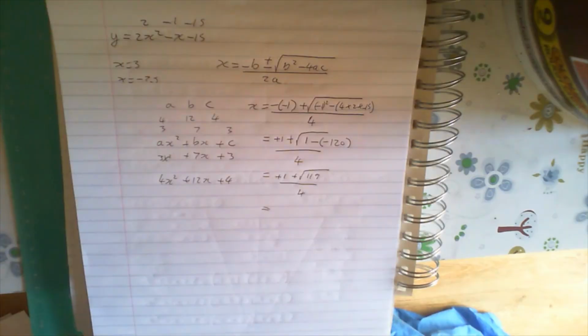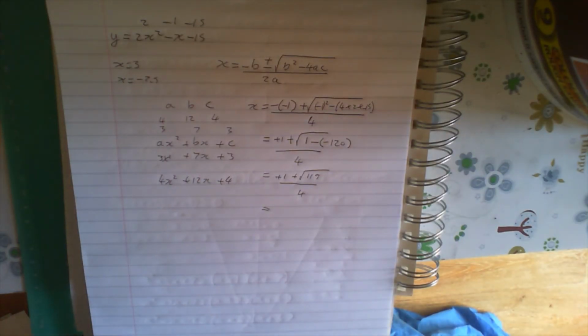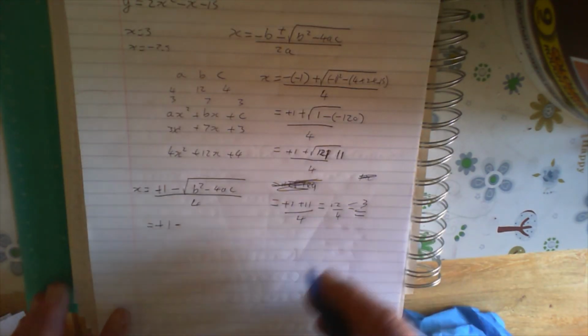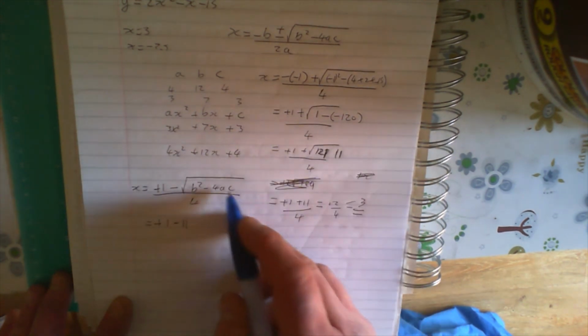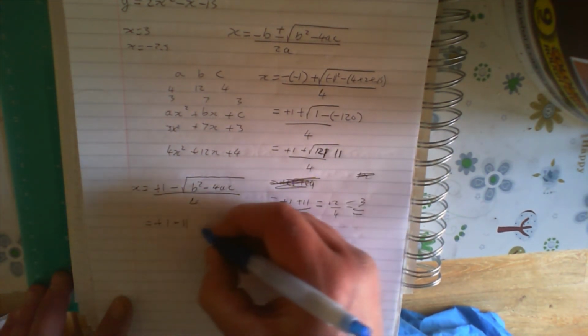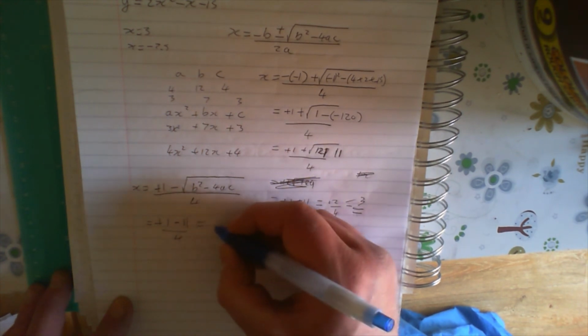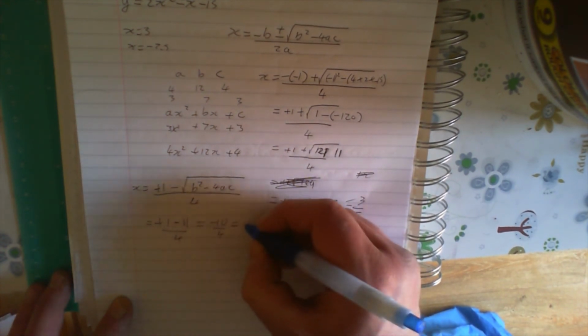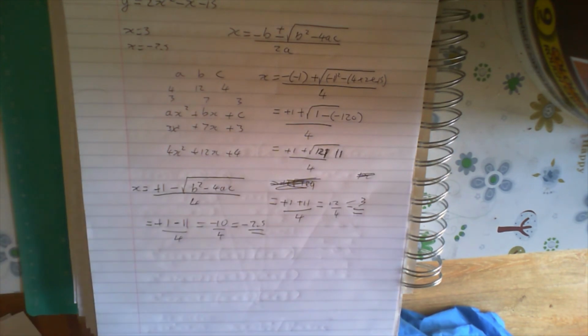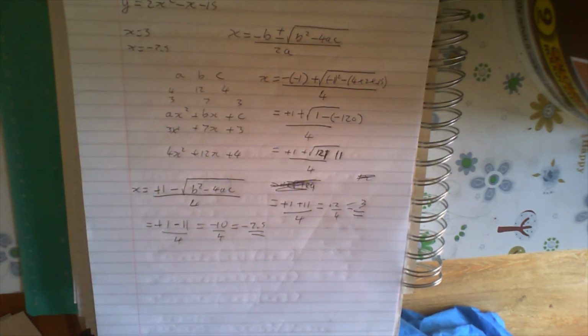How does that work out? That hasn't worked out right. I'll just check that. Plus 1 minus 11, again that's going to be minus 10 over 4, which is minus 2.5, which was the other root up there.